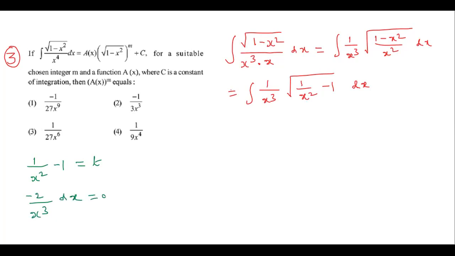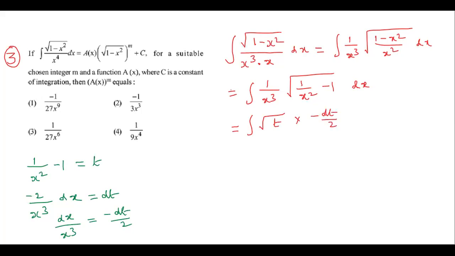That is equal to dt. Now dx divided by x cube, that is equal to what? Minus dt by 2. These are substituted in the question. Integration, so under root t into minus dt by 2.